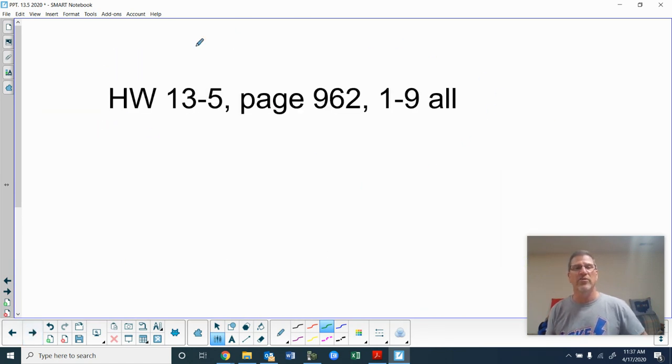All right, so here's your homework. Page 962, numbers 1 to 9 all. It shouldn't be too hard. Remember the area of a triangle, 1/2 BC sine of A, or whichever angle they give you. The other 2 sides will be on either side of it.